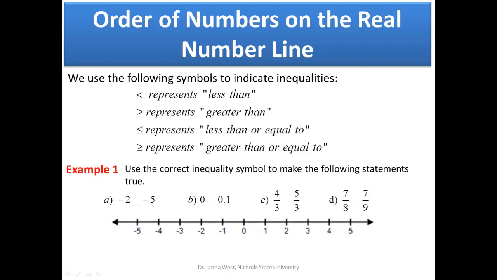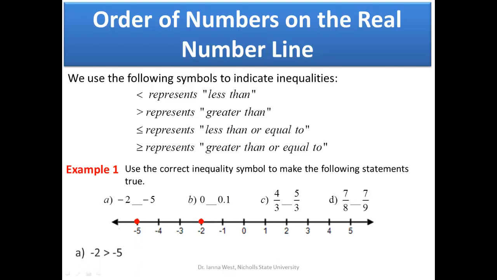Notice on the real number line that as we move along the number line from the left to the right, the numbers get larger and larger. If we look at the first example, -2 and -5, -2 on the number line is to the right of -5.